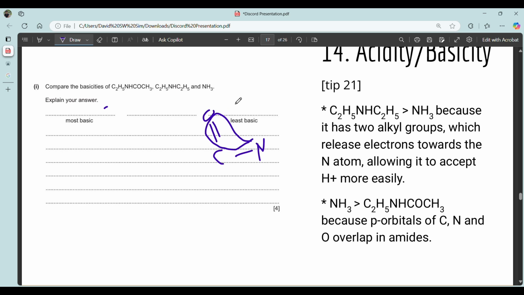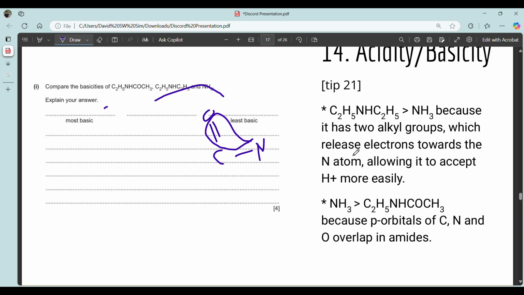Then after you are done listing from most basic to least basic, you have to do three things. You have to explain why this is more basic than this, just as we did just now. Then we have to explain why NH3 is more basic than this, which we also did. Then what's the last mark? The last mark is we have to talk about what it means to be a base, which is to accept H+ ions.